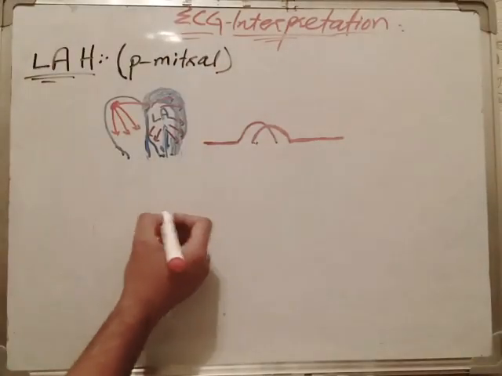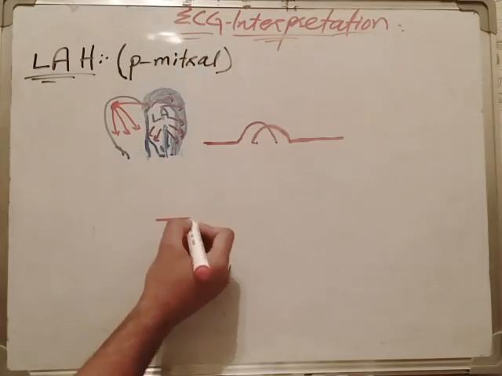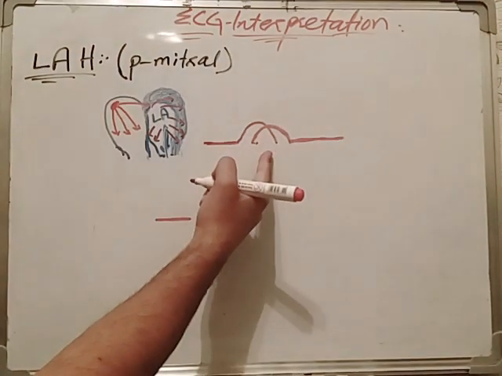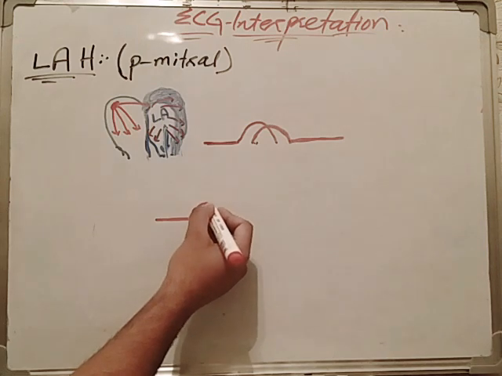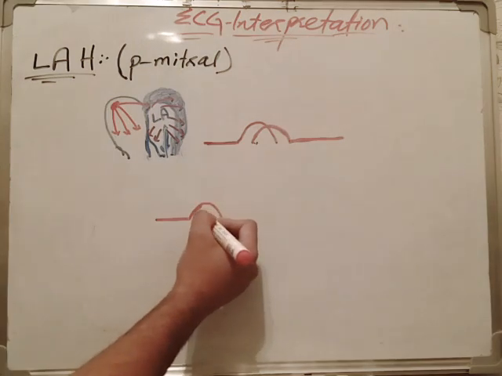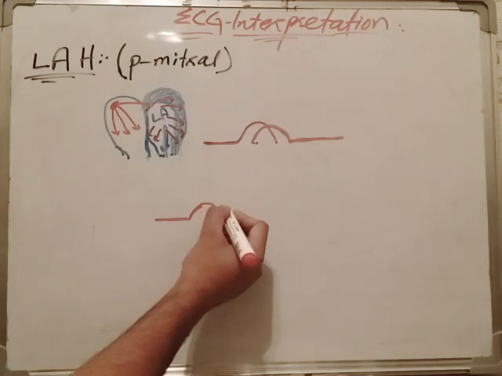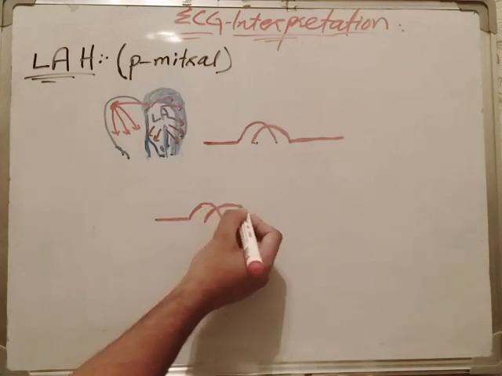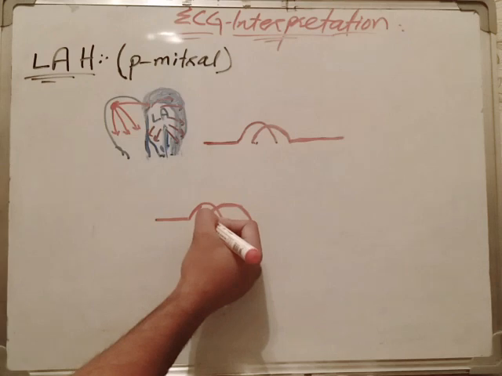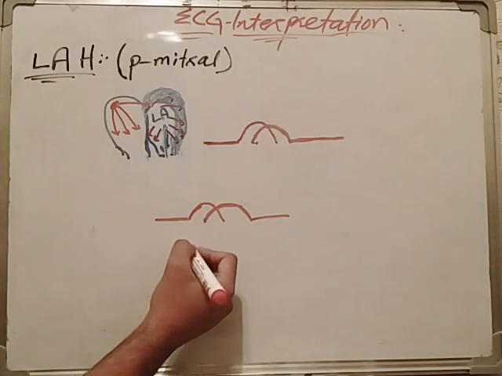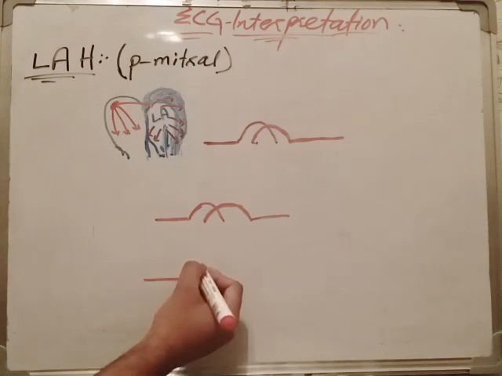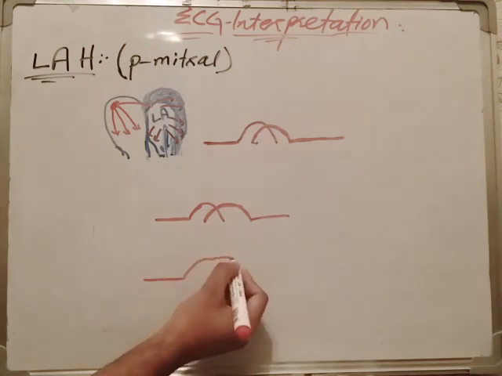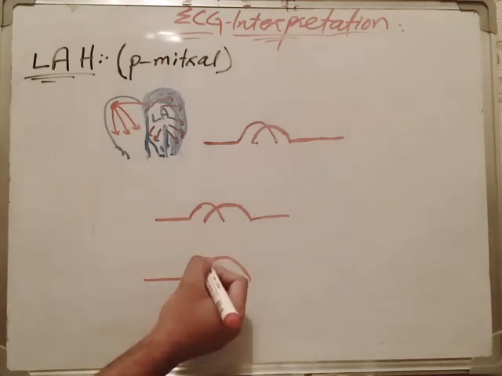In the hypertrophic case, the amplitude will not change. The amplitude of both remains the same, but the length increases, as it now takes a longer time. The new graph of the P wave is like this, a little bit bifid, like this.